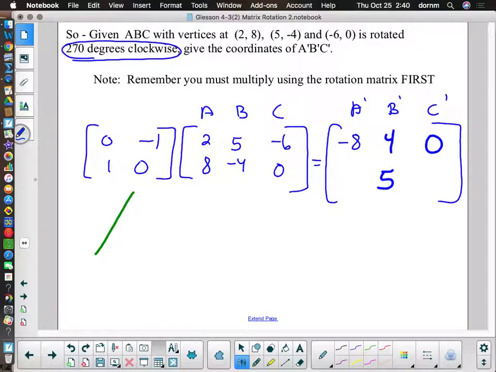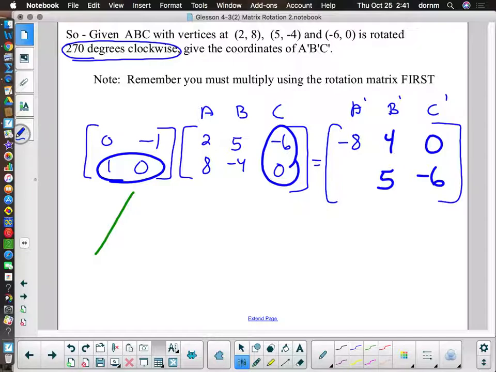And finally, 1 times -6 is -6 plus 0 times 0 is 0, so -6. And hopefully you figured out what A prime, the y coordinate was there. We've got now the coordinates of my rotated matrix.